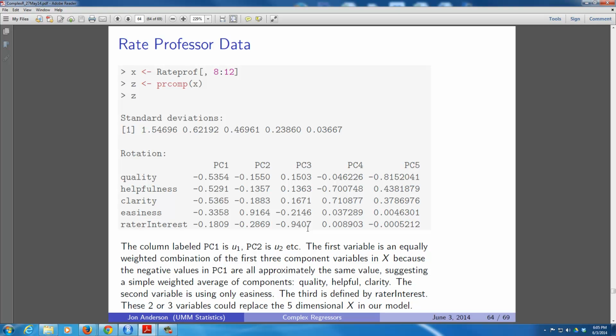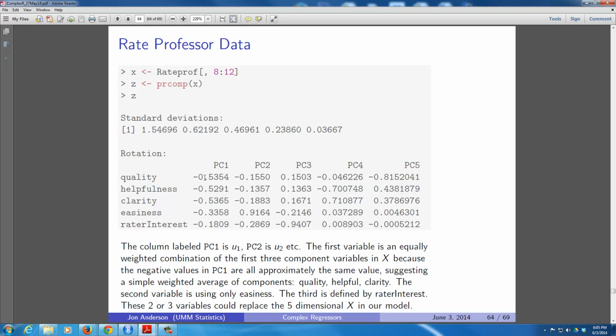Well, we need to look at the components of the principal component object, and under PC1 we see the U vector. This is basically U1. Under PC2 we get U2, and under PC3 we get the U3 vector, which defines the new variables.